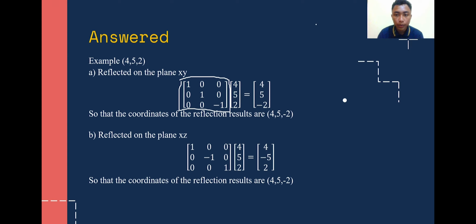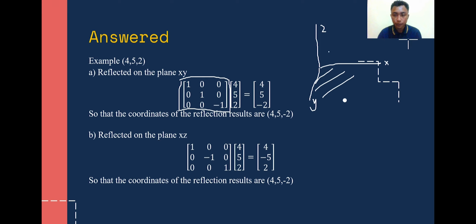I will draw it, but sorry if my drawing is not perfect. For example, this is x, this is y, and this is z. We can see the plane is x, y. So we will reflect across this plane. So the value z will be changed, but the values x and y will not be changed.